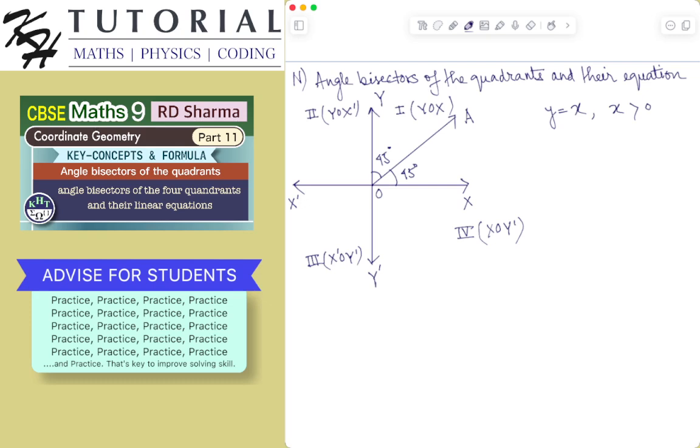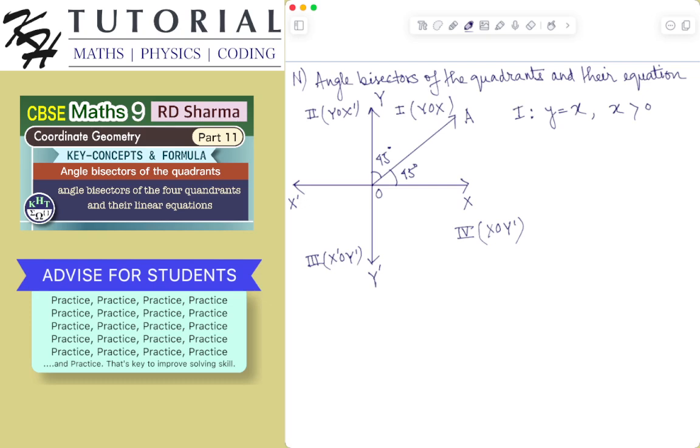All the points have abscissa greater than 0, which means the points will lie in the first quadrant and will follow the equation y equals x. So this is the equation of the angle bisector of the first quadrant.